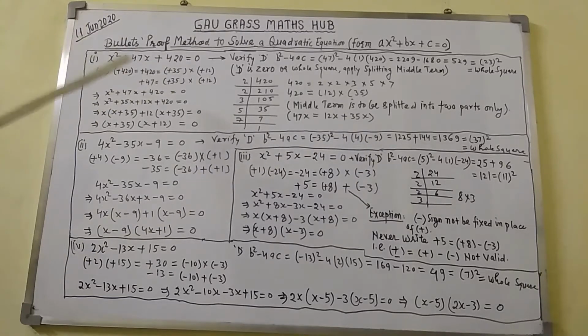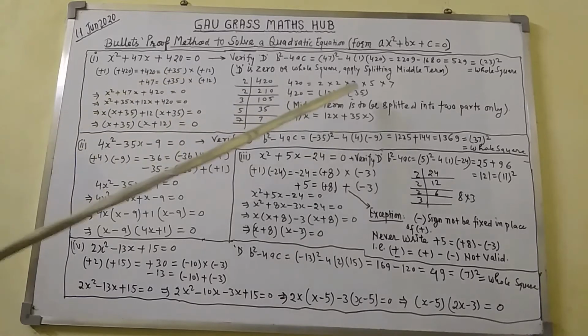That's why what we'll do here, I have mentioned 420. Make 4 boxes like this. Here write the coefficient of x. The coefficient of x is plus 47. Here write plus 47. Here plus 420 has been split into two parts, that is 35 and 12.